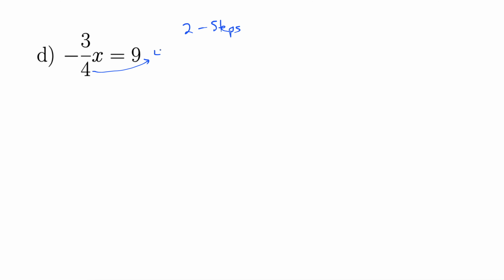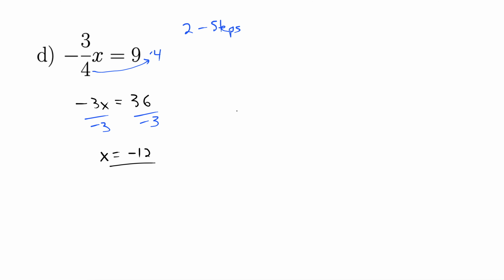So I'm multiplying up by this 4. This gives us negative 3x equals 9 times 4, 36. We're still trying to solve for x, so now I'm going to divide both sides by negative 3. This gives us x equals negative 36 divided by negative 3, which is negative 12.